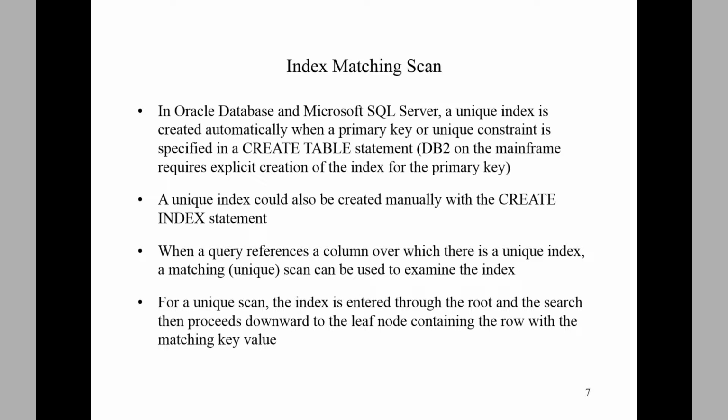But because there will be at most one row with this value, we don't scan. Once we've reached the leaf block through our vertical descent, we've determined the exact pointer value of the one row that contains the value. So we're done with the index. We then proceed to follow the pointer to the table.